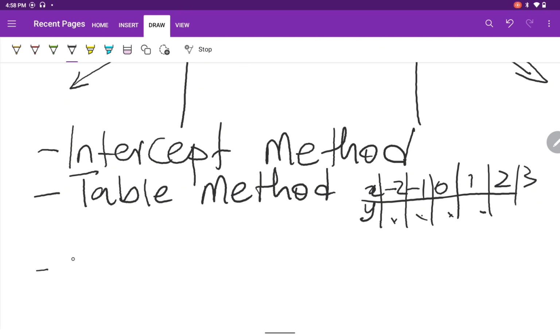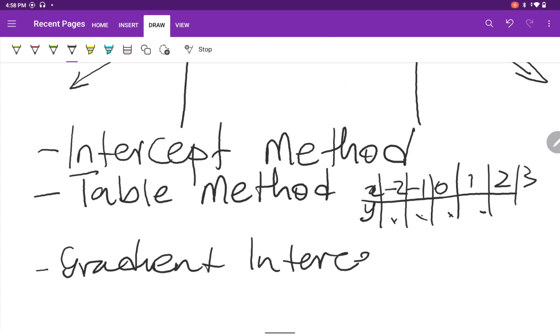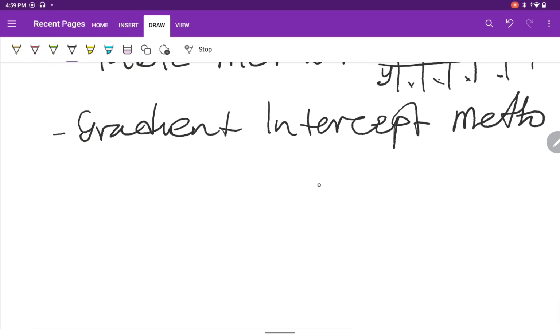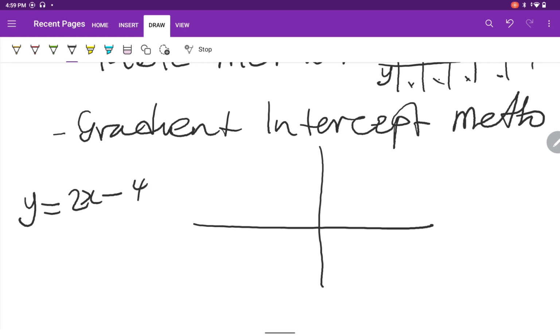And we also have the gradient intercept method. In this case, just for example, in our equation graph that we talked about, y equals 2x minus 4, we have the y-intercept as -4, and then we just look at the gradient.